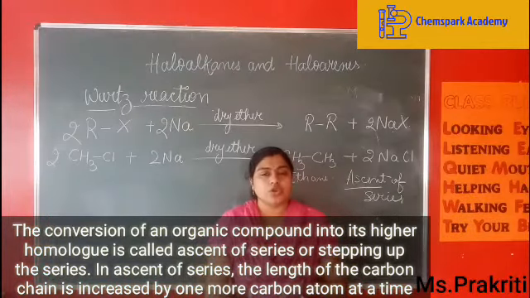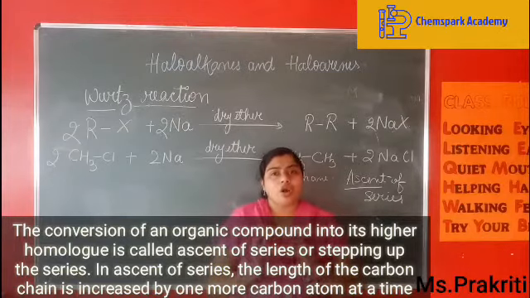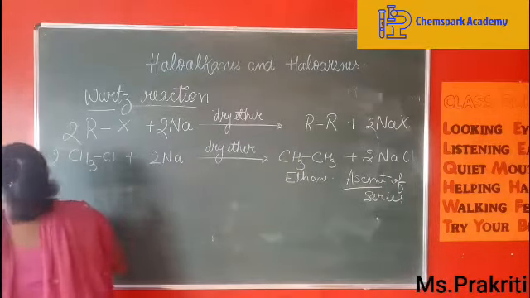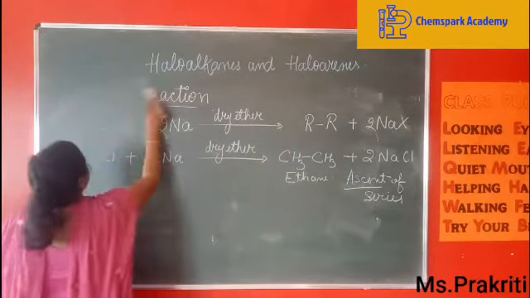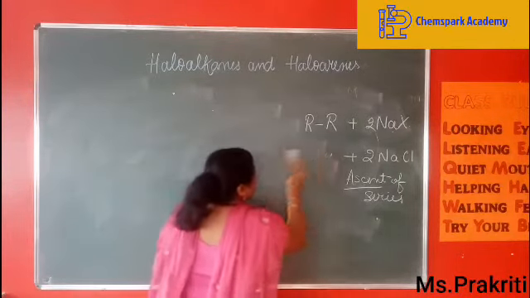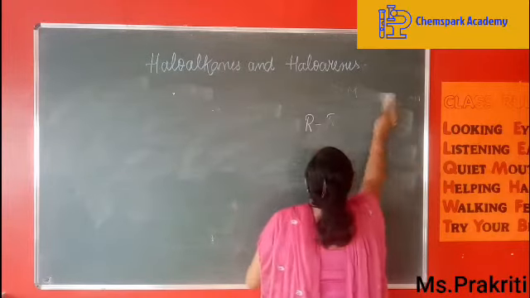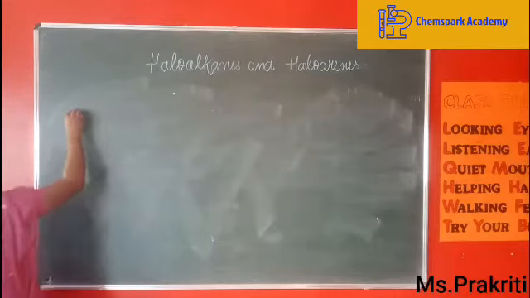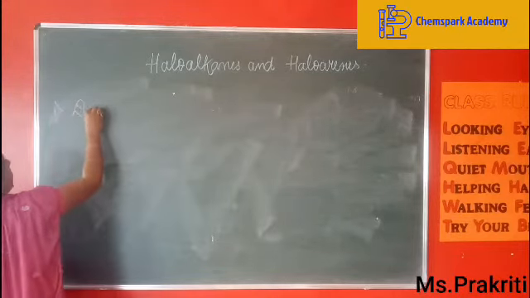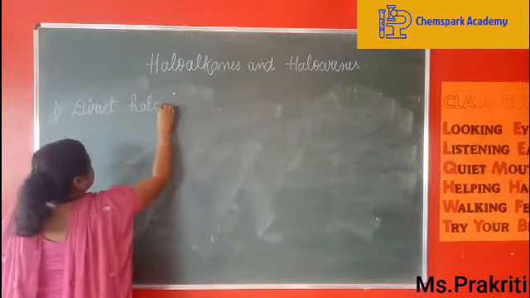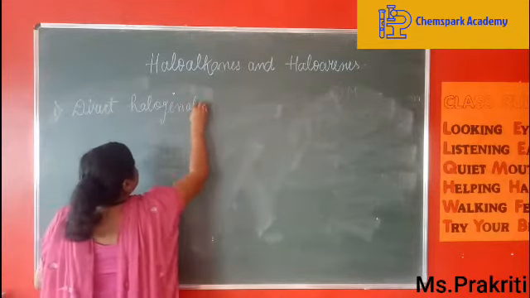So now we will switch to the second part of this chapter, that is the haloarenes. First we will see the methods of preparation of haloarenes. Like we had done in the alkyl halides or haloalkanes, the first method will be the direct halogenation.